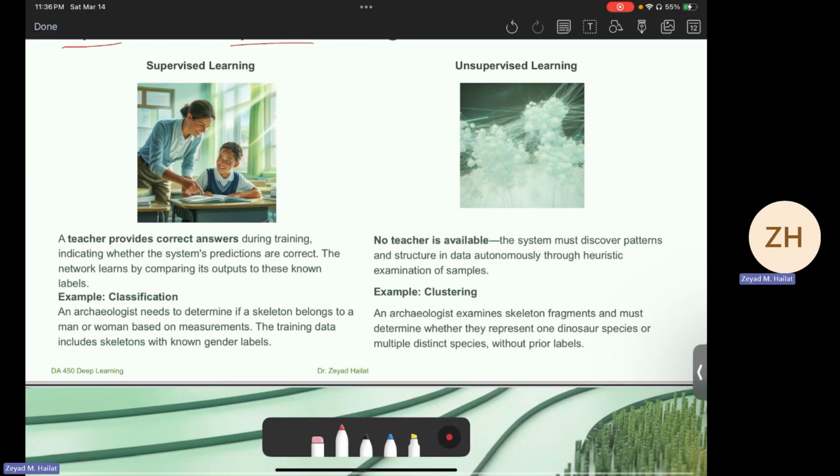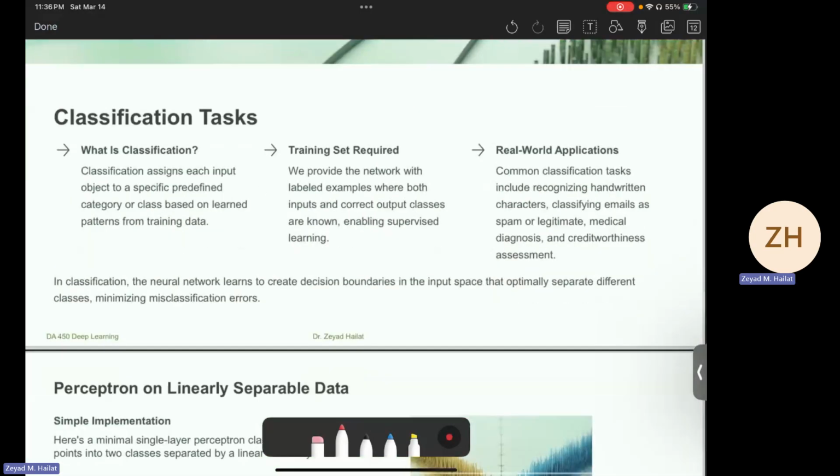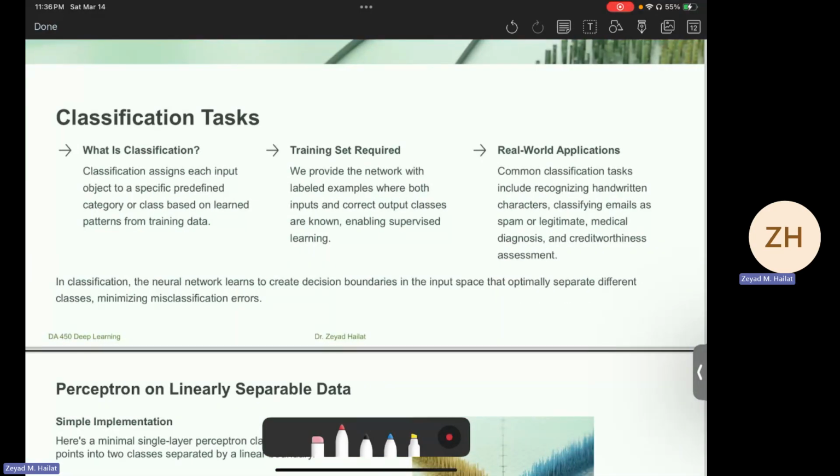In classification tasks, we do have data, and we do have the target labels, and we are trying to associate the data and find patterns, so that it produces the correct labels. A training set is required, and real world applications include classifying emails as spam or legit, medical diagnosis, and so on and so forth.